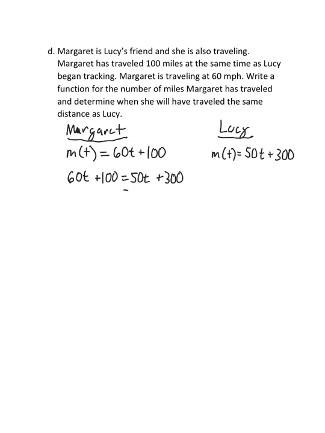So what I would say we could do is move this 50t over by doing the opposite of it, or subtracting 50t. So 10t plus 100 equals 300. Continuing on, if it's plus 100, we would subtract 100.